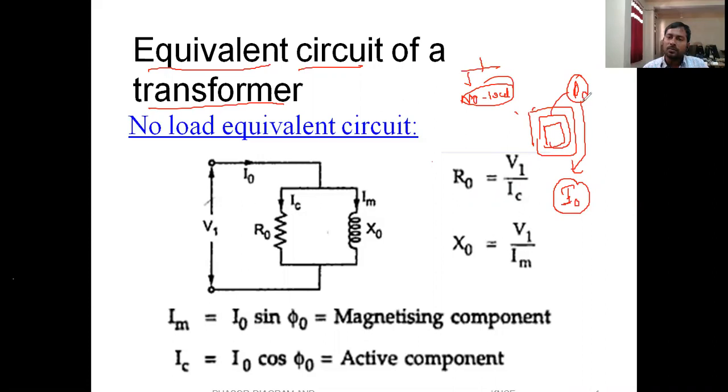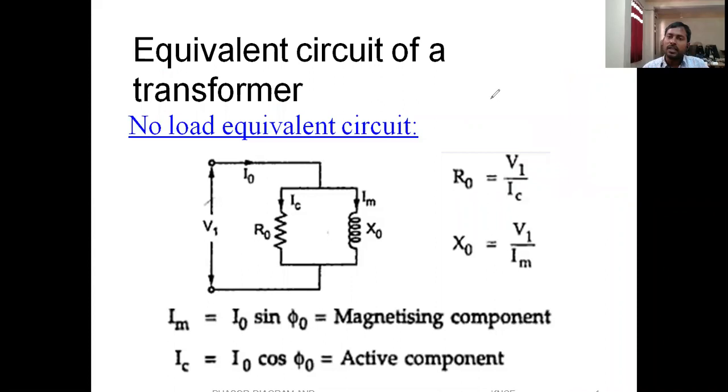If the flux is constant, then the flux production due to current, that is the no load current, is also constant. If you represent anything in parallel with the voltage, then it is called constant. So that's why I naught.